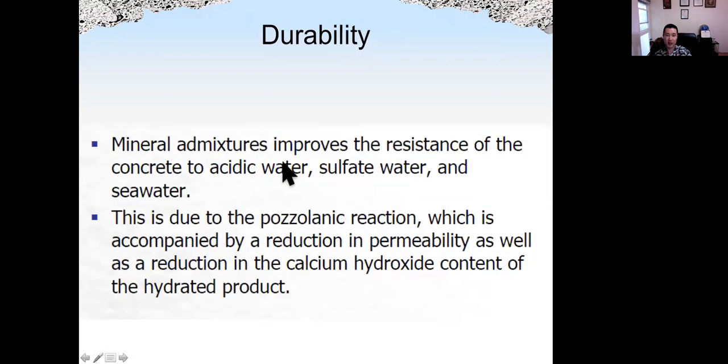So mineral admixtures can improve the resistance of concrete to acidic water, sulfate attack, seawater in the case of corrosion, and freeze and thaw, ASR. Basically, all types of physical and chemical attacks will benefit from mineral admixtures.